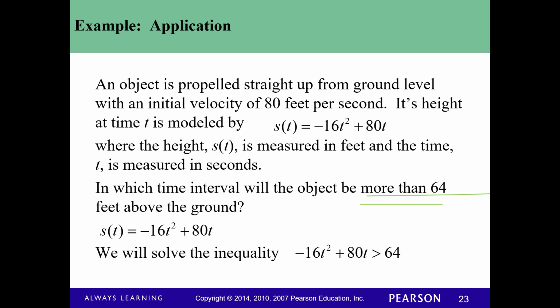Okay. So finally, after combing through the problem, we have an inequality, and we have to answer the question. We want to know in which time interval will the object be more than 64 feet above the ground. So what we're going to do is actually carry out the procedure that we use to solve polynomial inequalities.